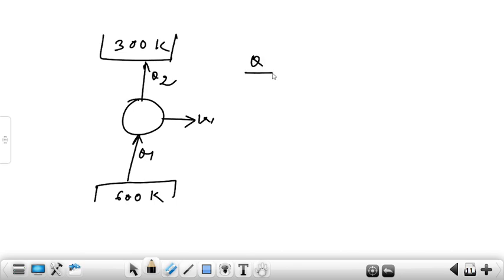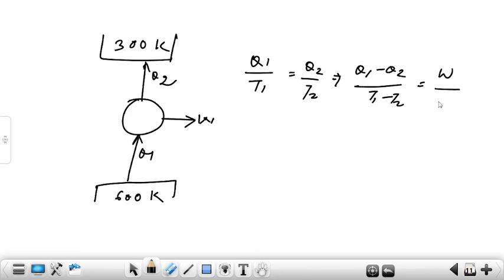Entropy equation: Q1 by T1 is equal to Q2 by T2, which implies (Q1 minus Q2) divided by Q1 is equal to (T1 minus T2) divided by T1, which is also equal to W by Q1.